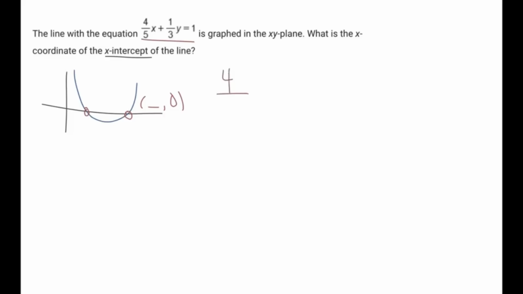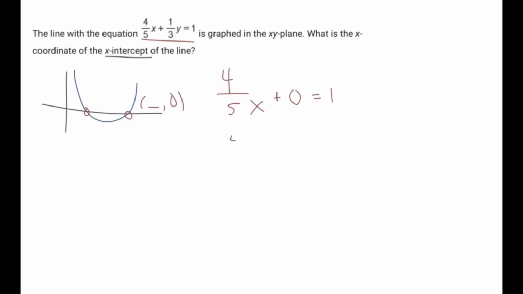So then we have 4/5 x plus 1/3 times 0 is 0. So plus 0 equals 1. And now we can just solve for x, because y was 0, which means we're solving for the input that gets us 0 as y. So what is x? Well, what do we multiply 4/5 by to get 1?